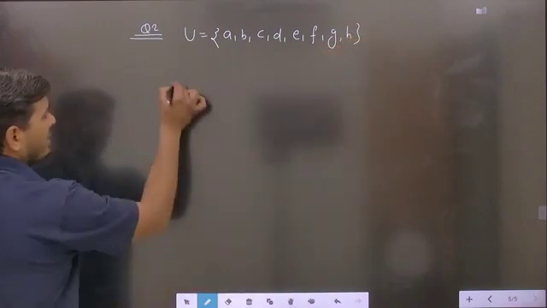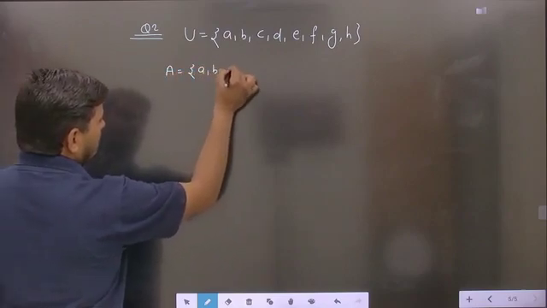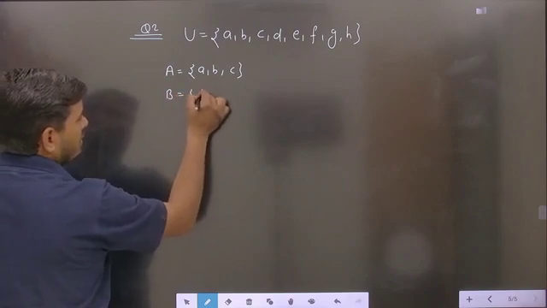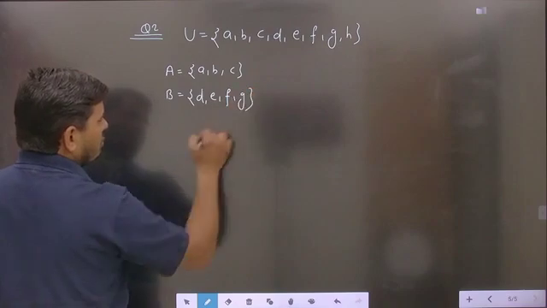Set A is given as A, B, C. Is it clear? Set B is given as D, E, F, Z. Is it clear?